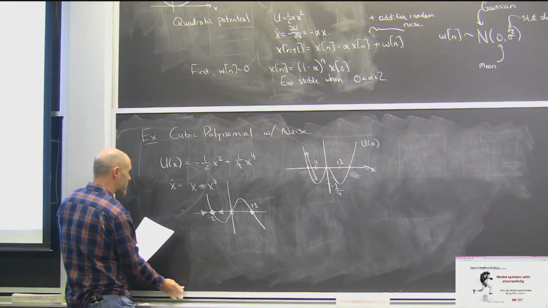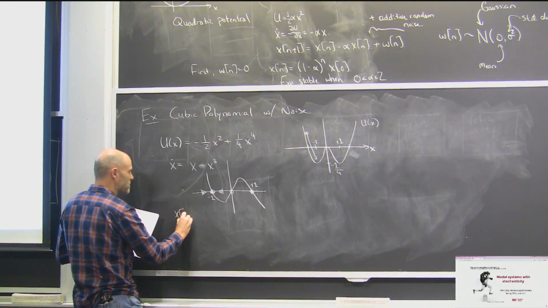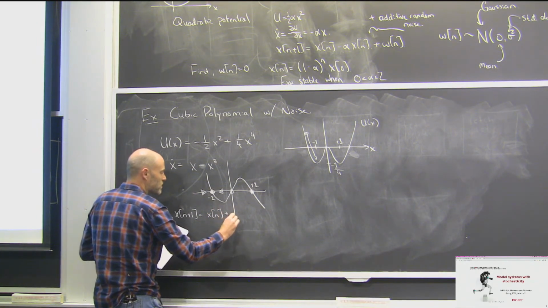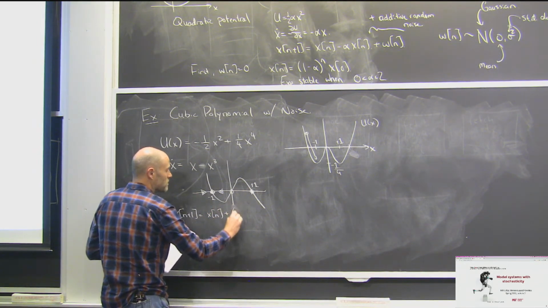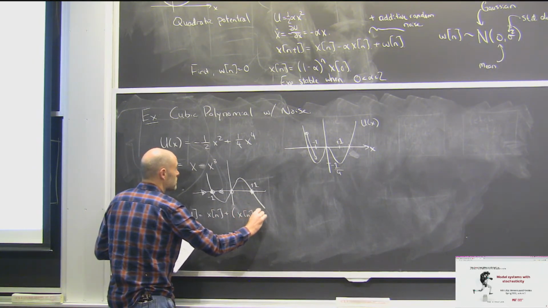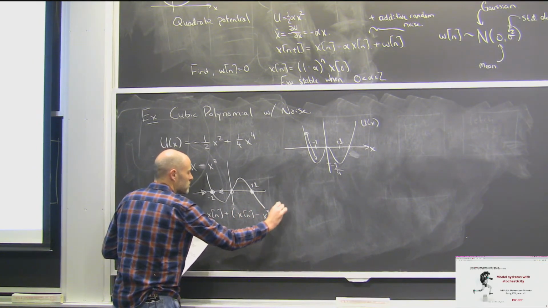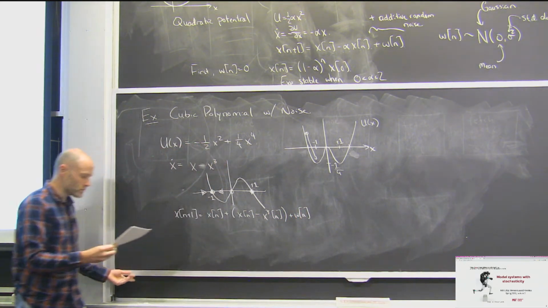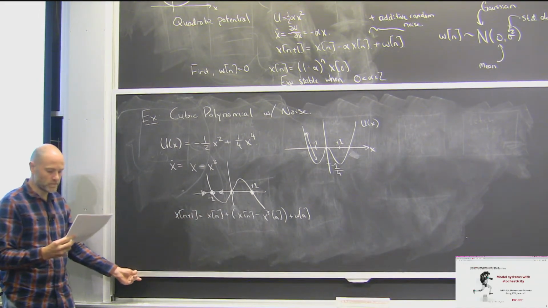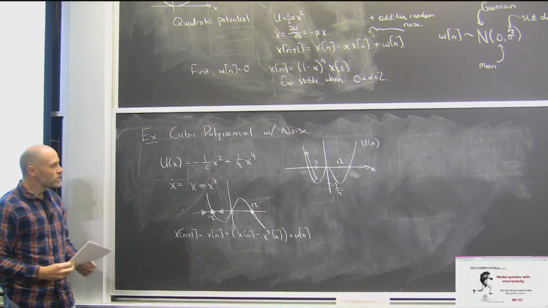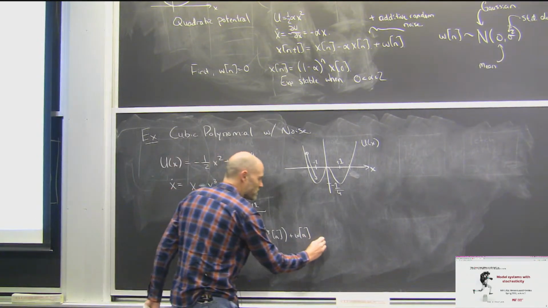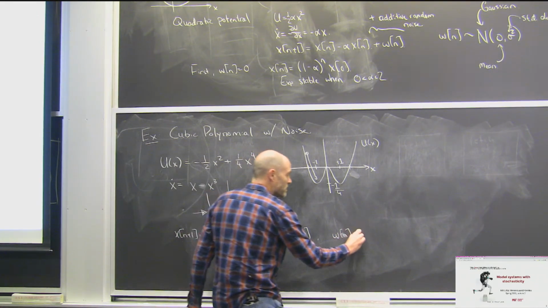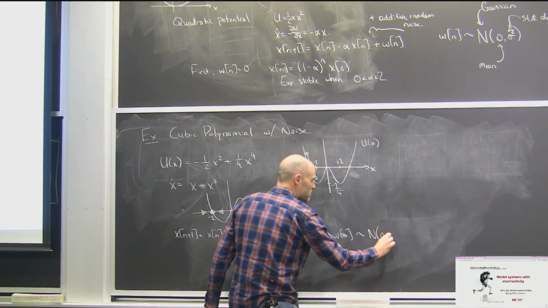Okay, now I'm going to do the same thing. I'm going to make a discrete time approximation and add some random noise, maybe with a time step in there. And this is again W_n drawn independently from a normal distribution.